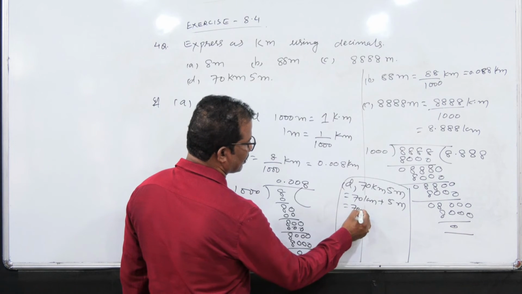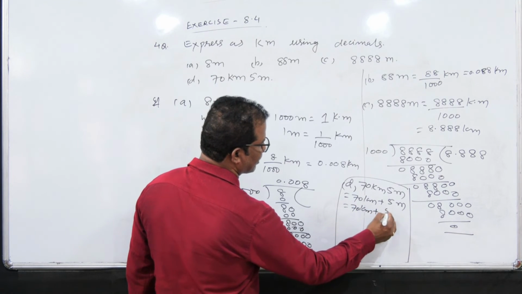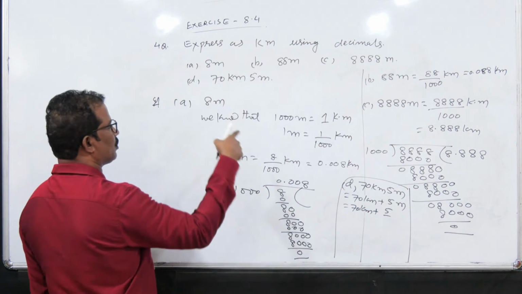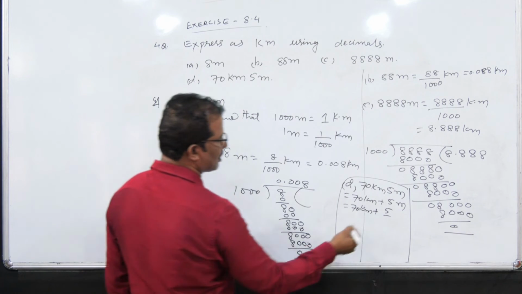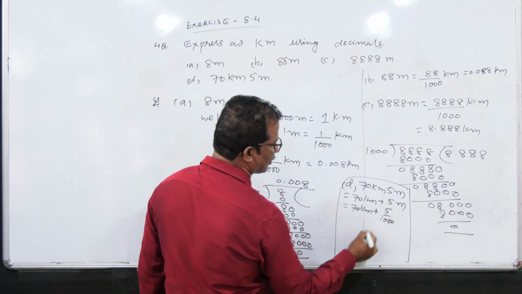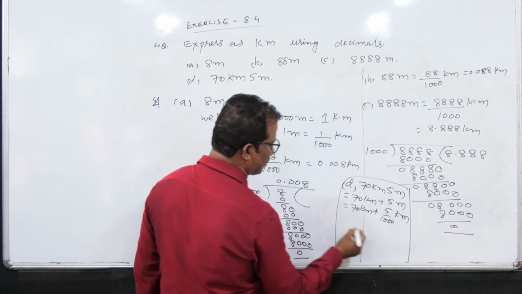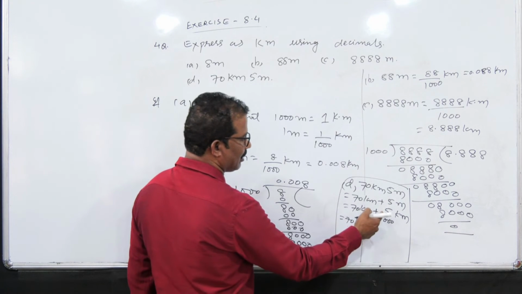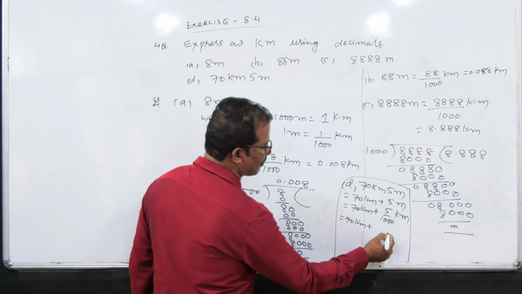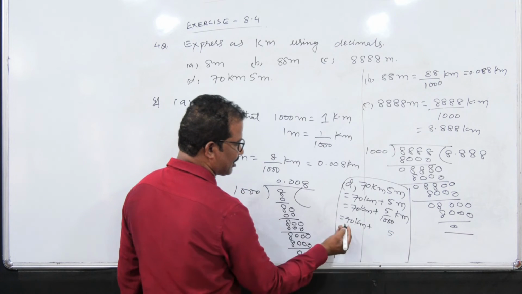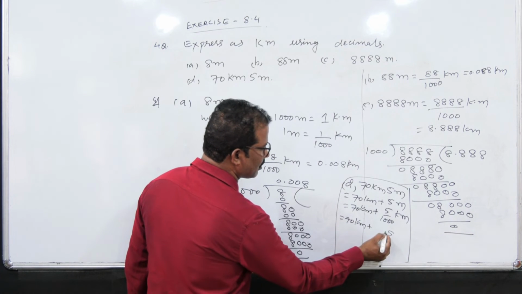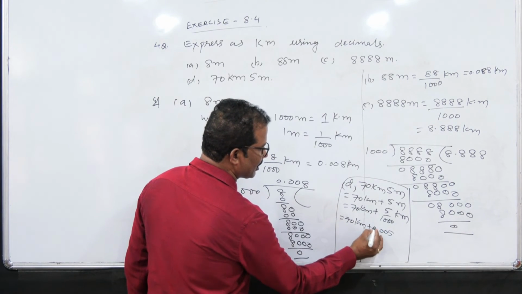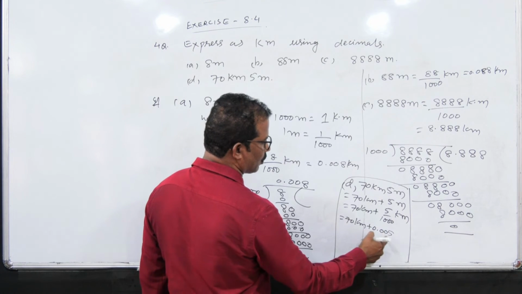How is it? 70 kilometer plus, to convert meter into kilometer, we have to divide by 1000. So if we divide by 1000 here, this will become kilometers. So 70 kilometer plus, if we divide this 5 by 1000, you will move 3 places of the decimal from right to left, 1, 2, 3. Now it is 0.005 kilometer.